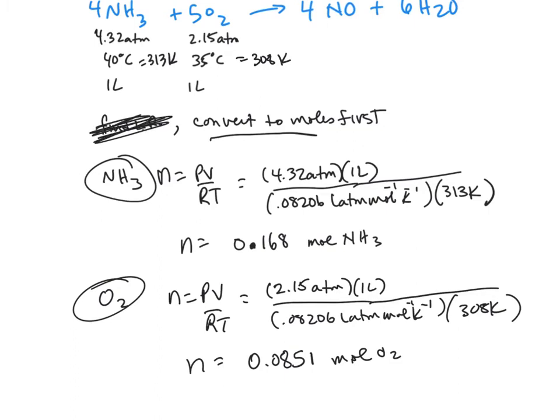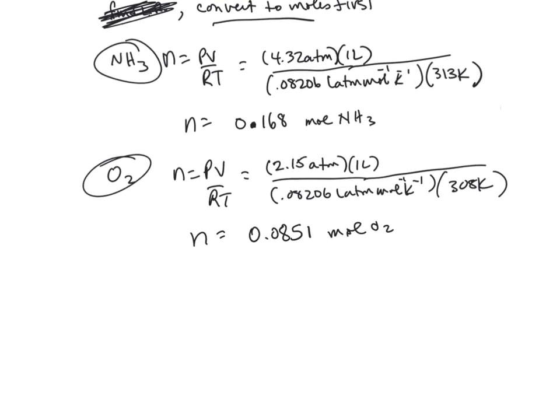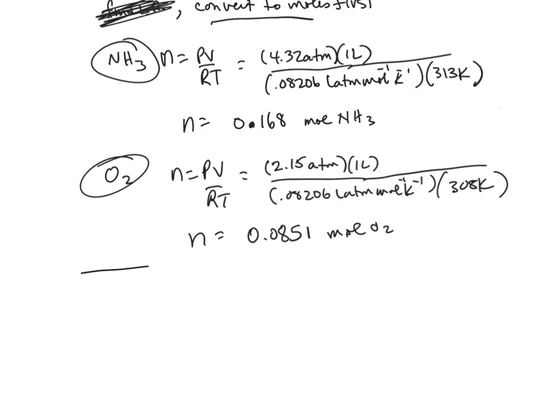Okay, now let's not even confuse things here. Now we're going to look for the limiting reactant. So we're going to calculate the amount of NO from each one of these. And we're going to take 0.168 moles NH3.